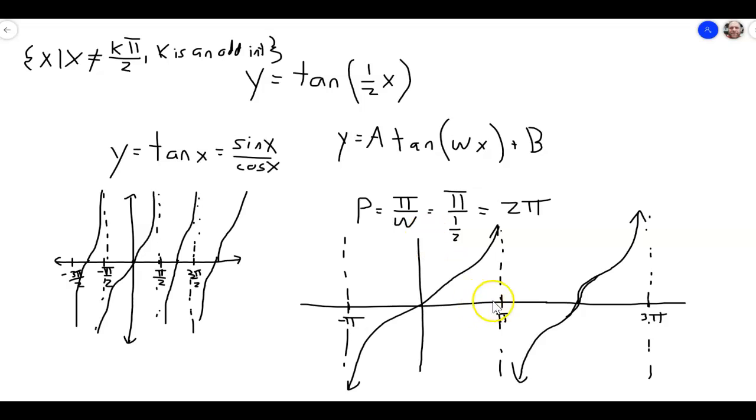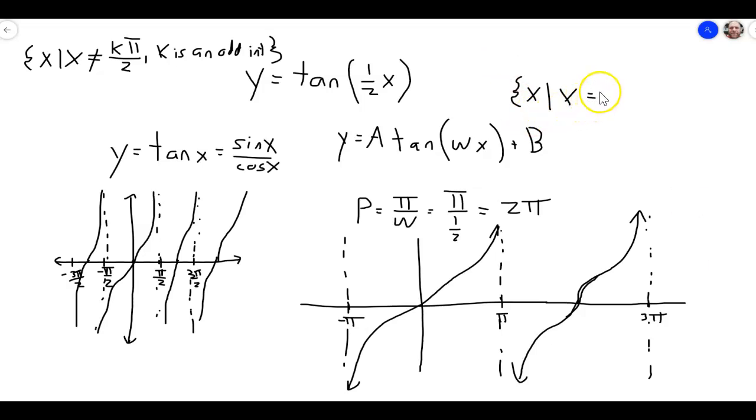So for this one, it's going to be very similar. It's going to look like this: x such that x is not equal to, now this one is going to be negative pi, pi, 3 pi, 5 pi. So really it's just odd integer multiples of pi.